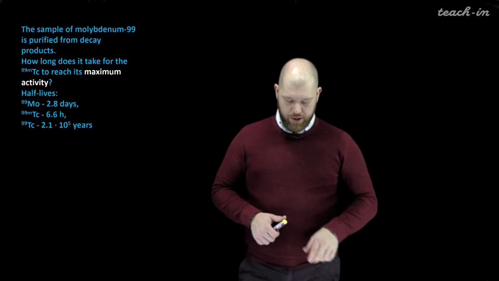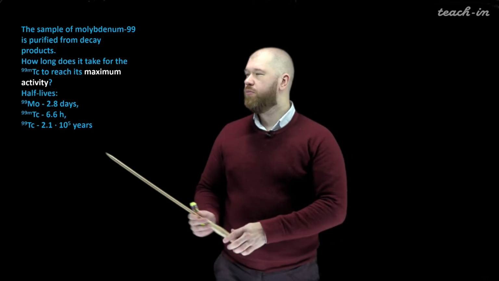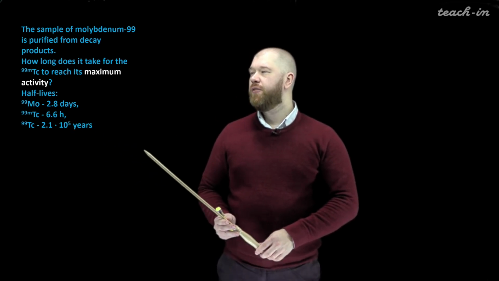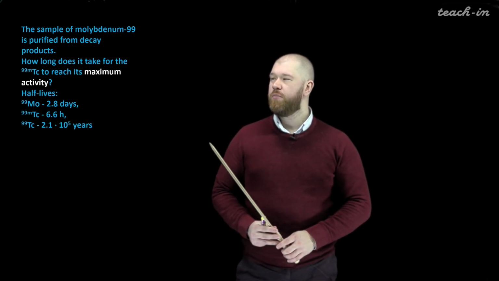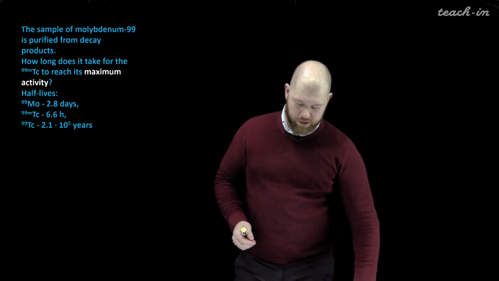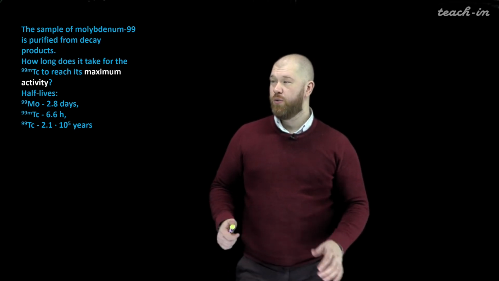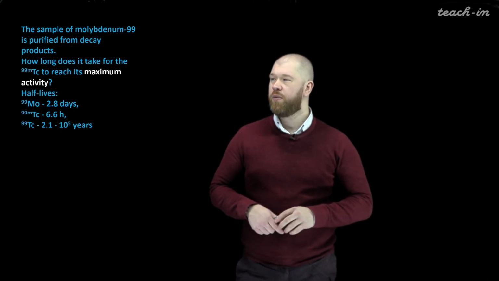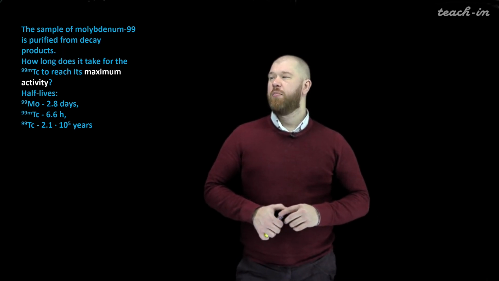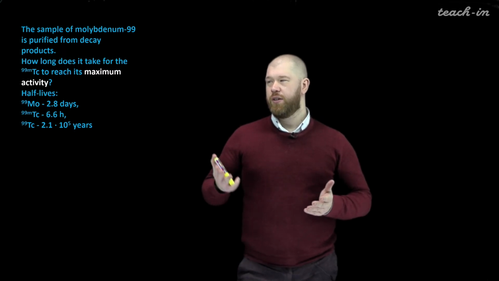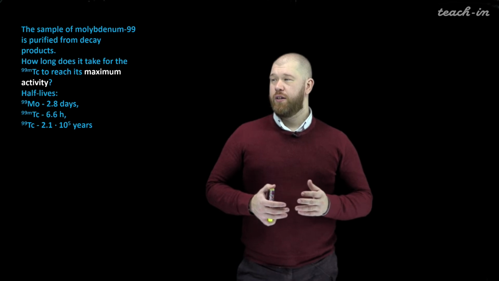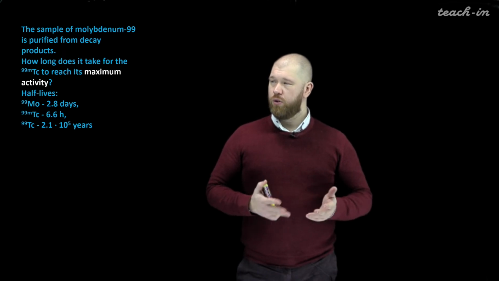And we see that molybdenum-99 has a longer half-life than technetium-99m, and that means that we have a case of equilibrium, so it's radioactive decay with equilibrium, but the half-lives of the parental radionuclide and the daughter radionuclide do not differ so much.